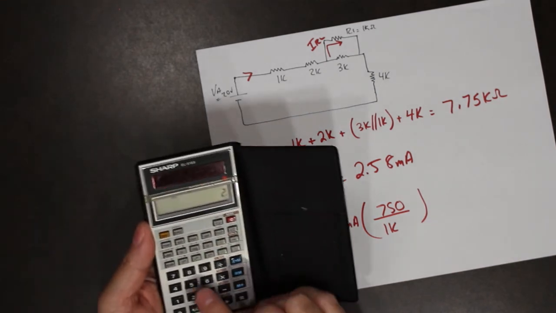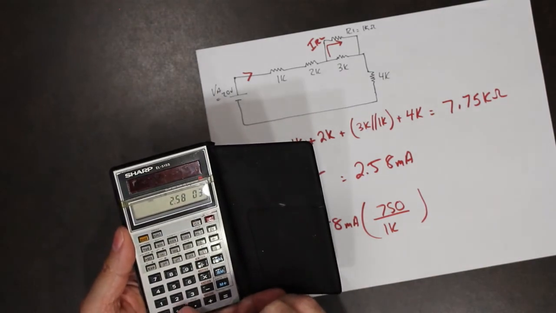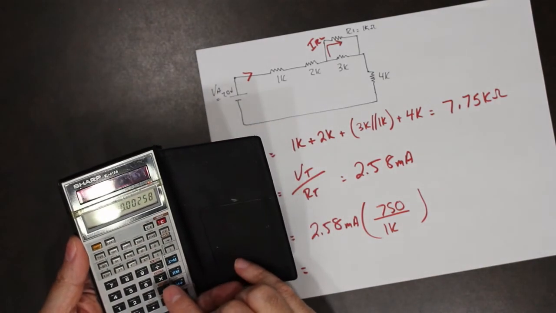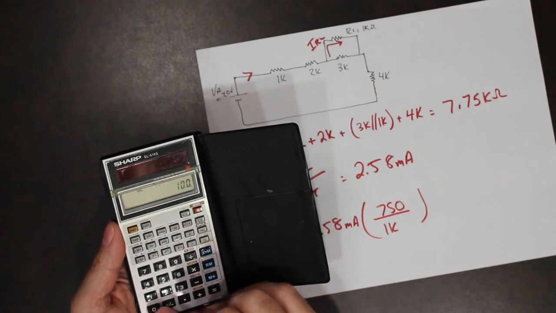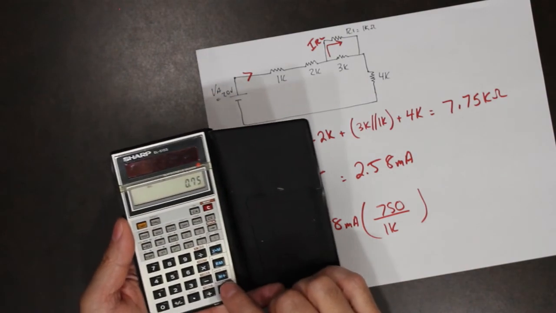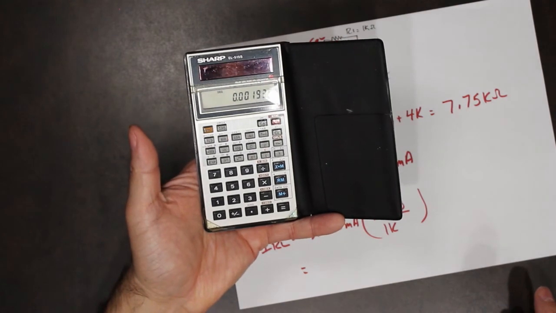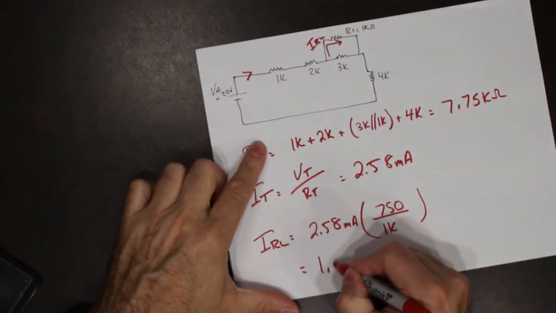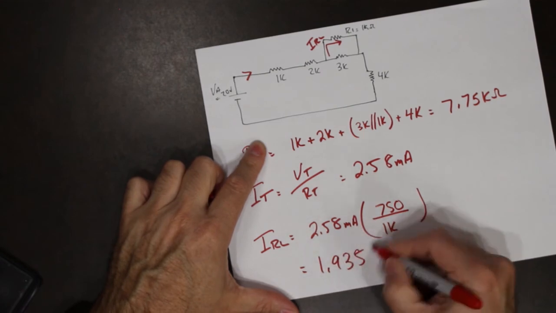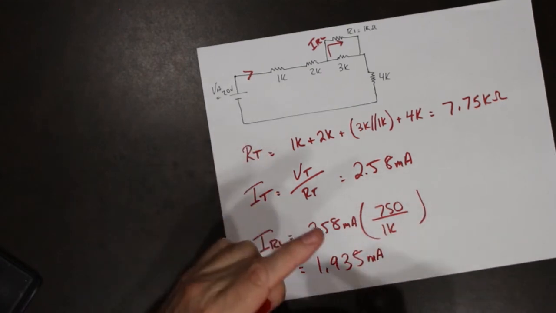So 2.58 milliamps times 750 divided by 1,000 equals 1.935 milliamps.